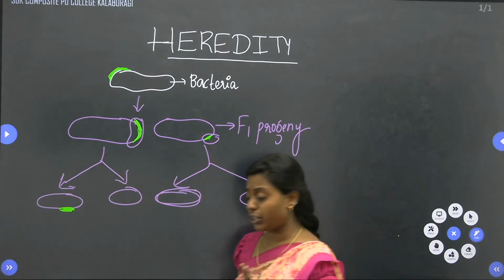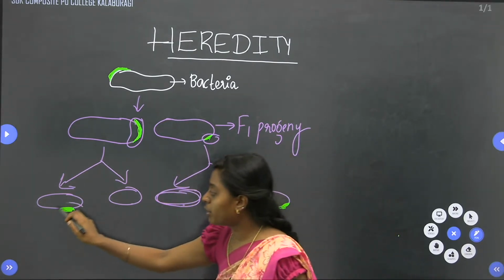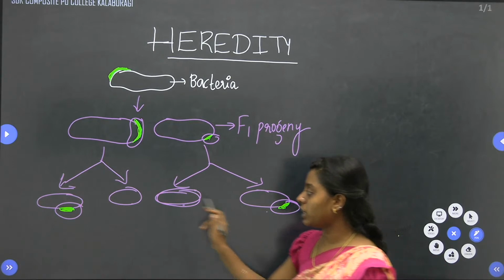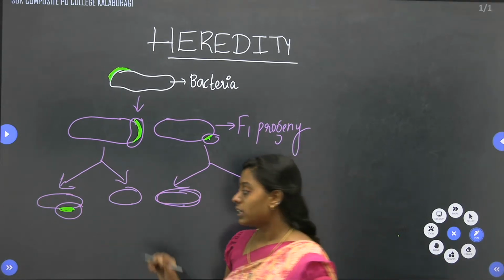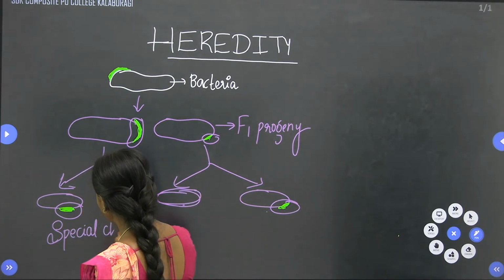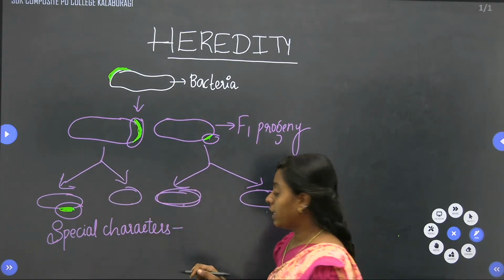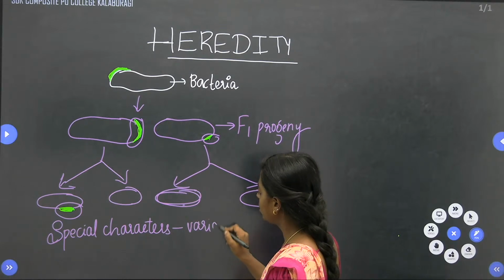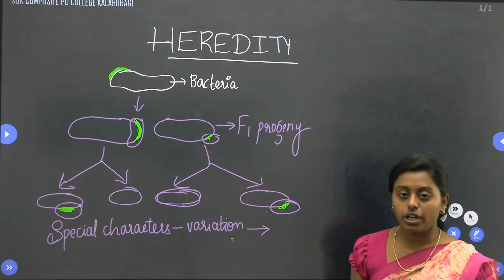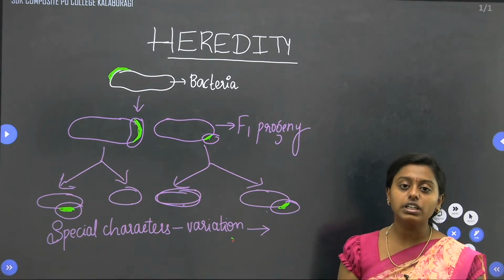In this second generation we can observe the outline of the organism is the same, whereas the appearance of the special character is not unique to each and every progeny. So this special character can act as a variation and can help an organism to survive well within the given nature.